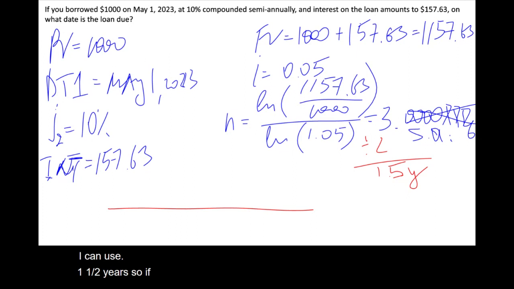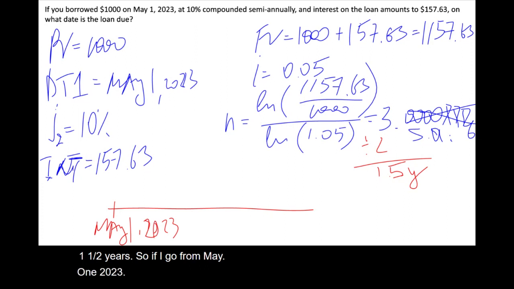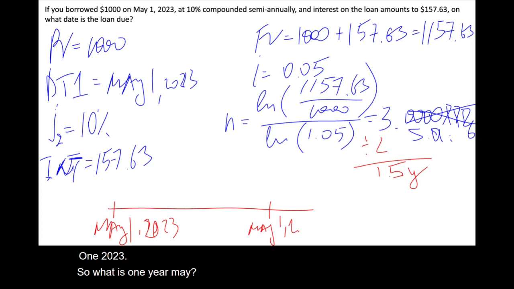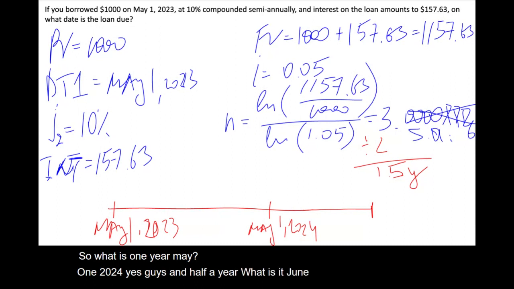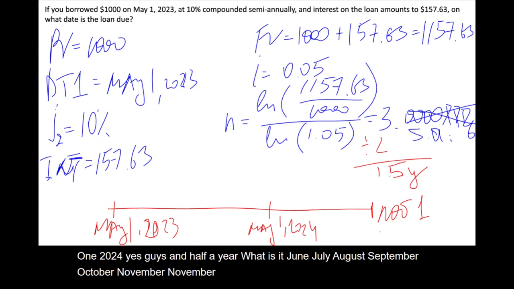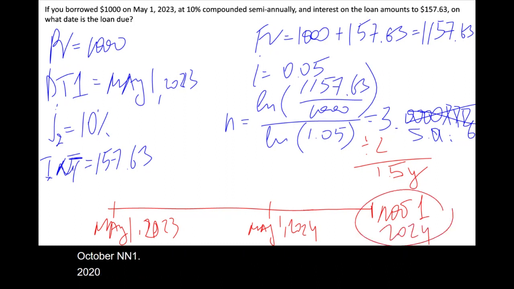If I go from May 1, 2023, 1 year is May 1, 2024. And half a year: June, July, August, September, October, November. November 1, 2024. That is the due date. Any questions?